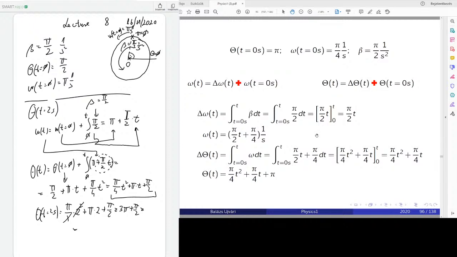So this is 1 times 2 pi, which is 1 full rotation, plus 3 pi over 2, which means the body after 1 full rotation is here at t equals 2 seconds.